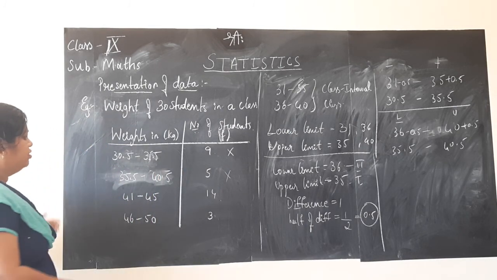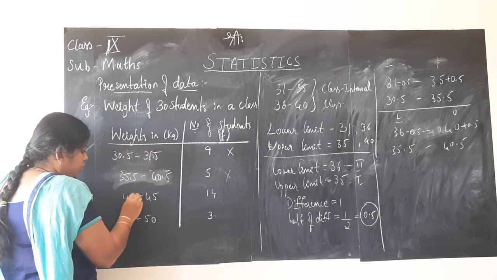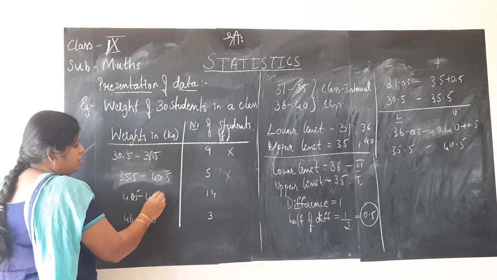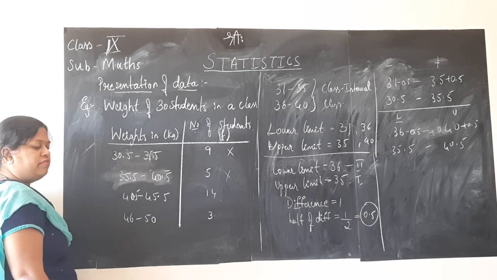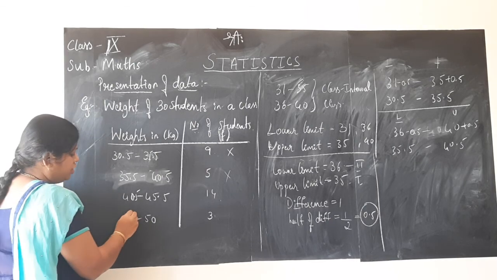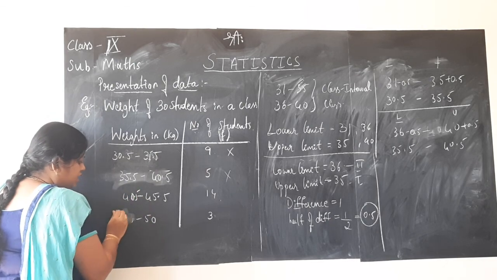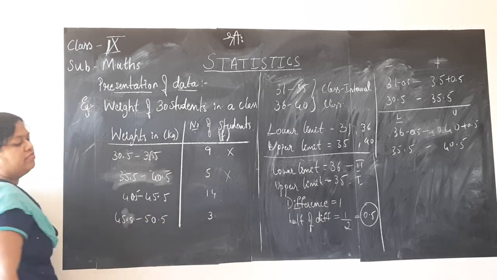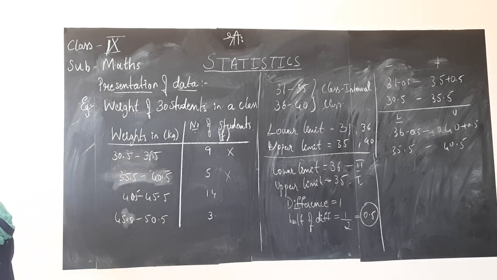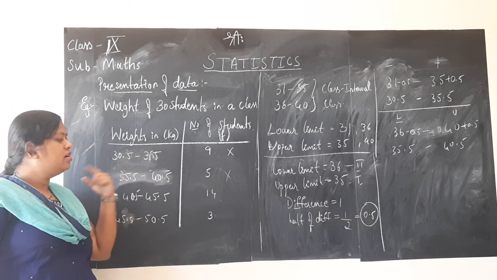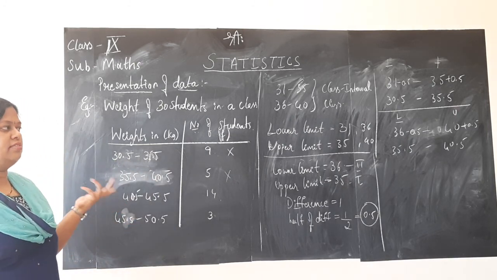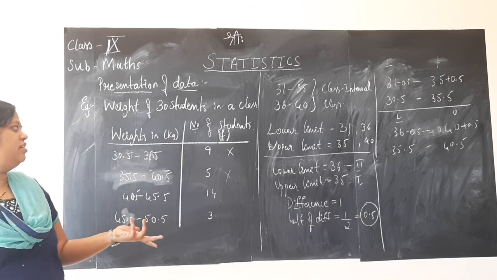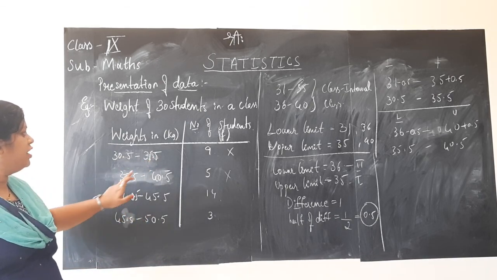Now directly I will do, so 41 minus 0.5 will become 40.5, 45 it will become 45.5, 46 minus 0.5 means I will get 45.5, 50 plus 0.5 is 50.5. Like this the whole table class interval will change. So now look, where I should put the student who is weighing 35.5, now I have 35.5.